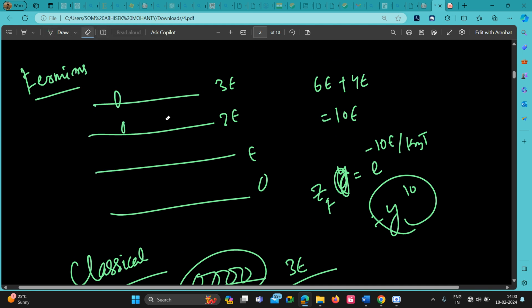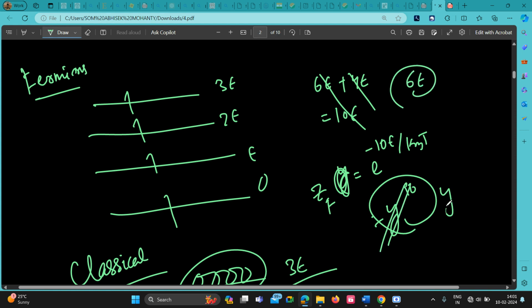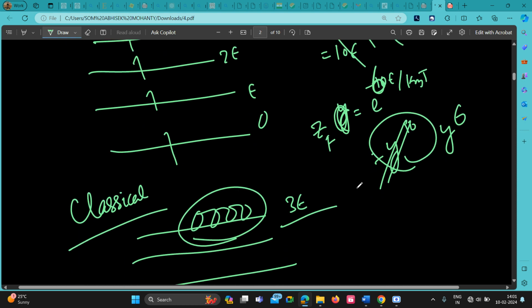Fermions, how can they be in the same state? Fermions cannot be in the same state, right? So this is here one, two, three, four. So the total energy would be 3 plus 2 plus 1, that is 6 epsilon. So the answer will be y to the power 6, because of e to the power minus 6 epsilon by kBT. The answer is 6 here.